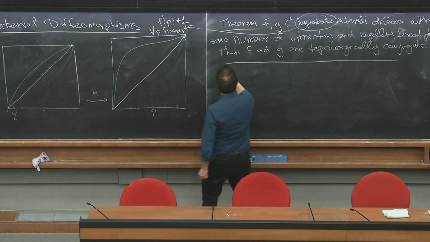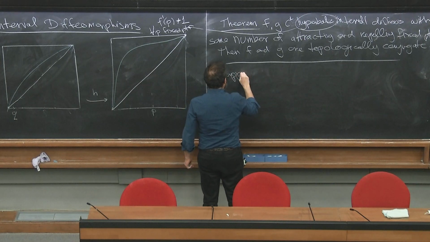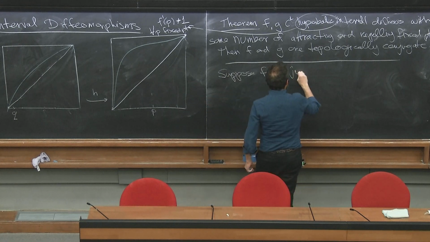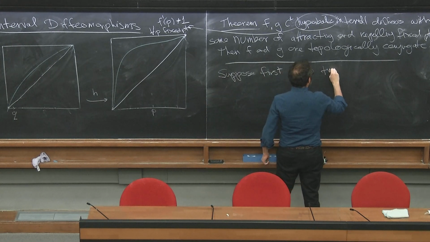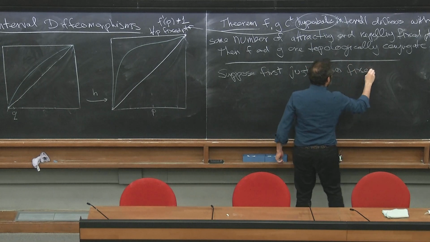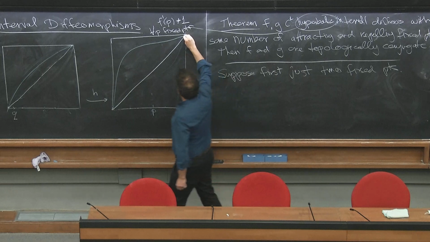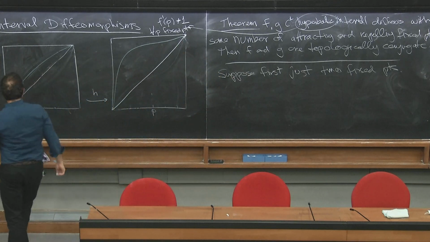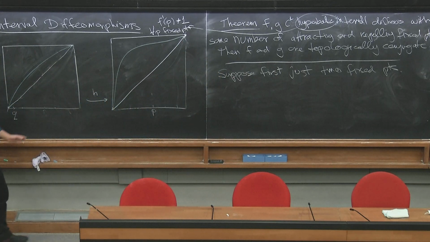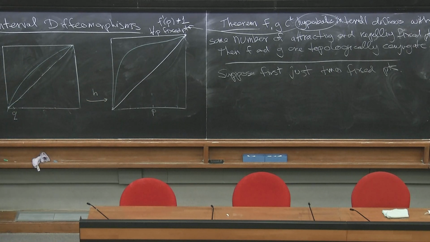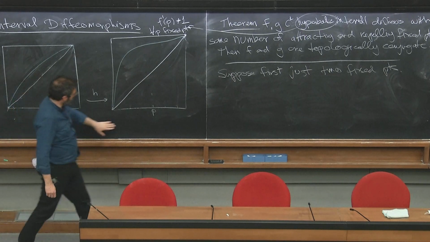Okay, so suppose first just two fixed points. In that case, the two fixed points need to be at the two end points, right? So how are we going to construct a conjugacy?